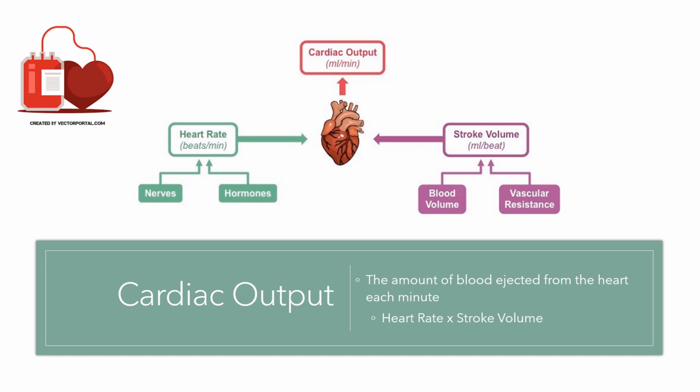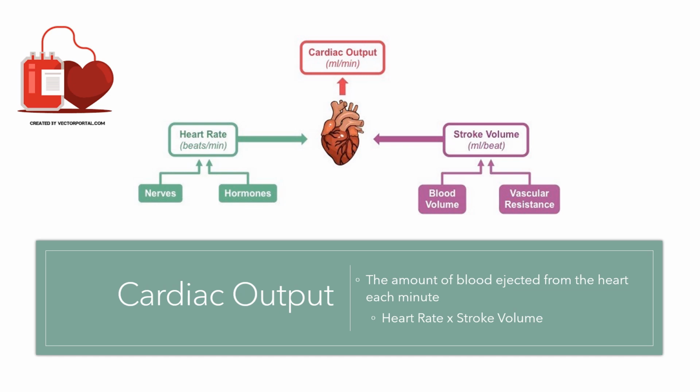That times we have to decide in a minute's time. So how many beats does the heart beat in a minute? So we take the heart rate, and we talked about that in a previous section, times how much blood is ejected in one pump of the heart. And the only way that we can determine this is by having an internal monitor.